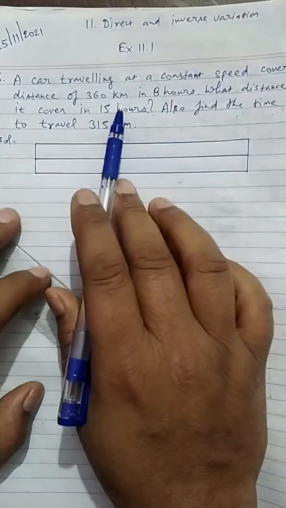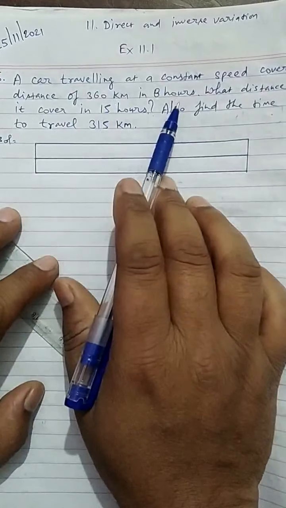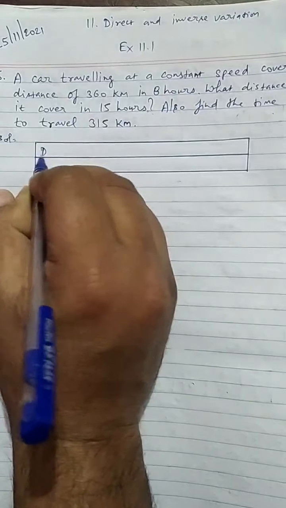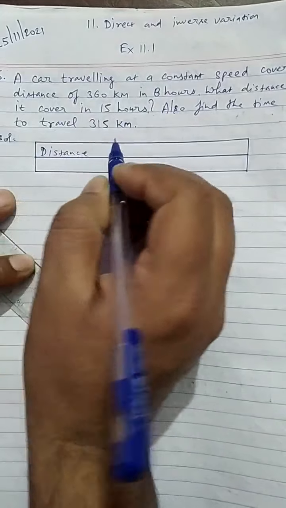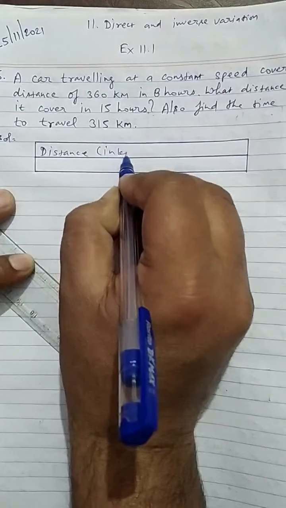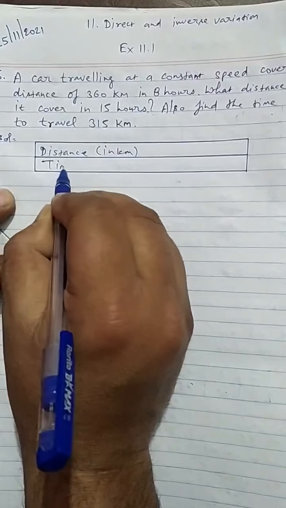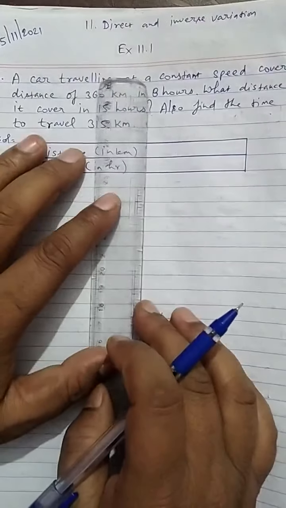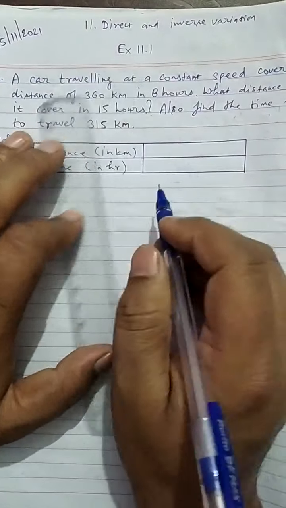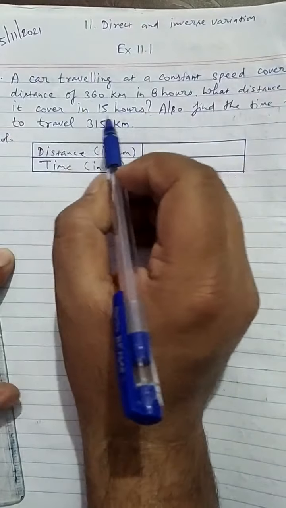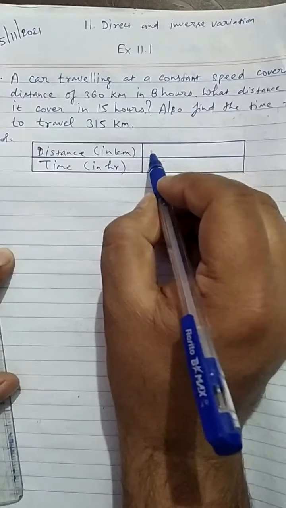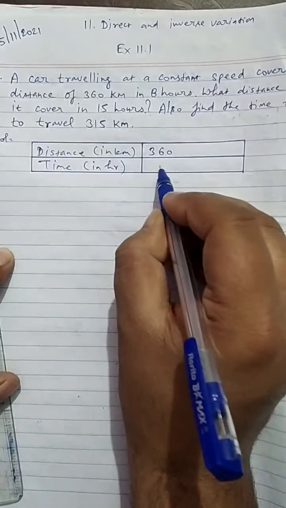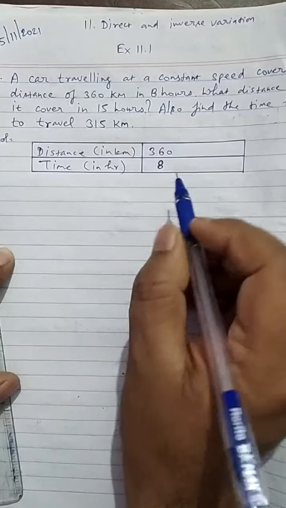First is the distance in kilometers and second is the time in hours. So 360 kilometers are covered in 8 hours. So in front of distance we will put 360 and it is covered in 8 hours.